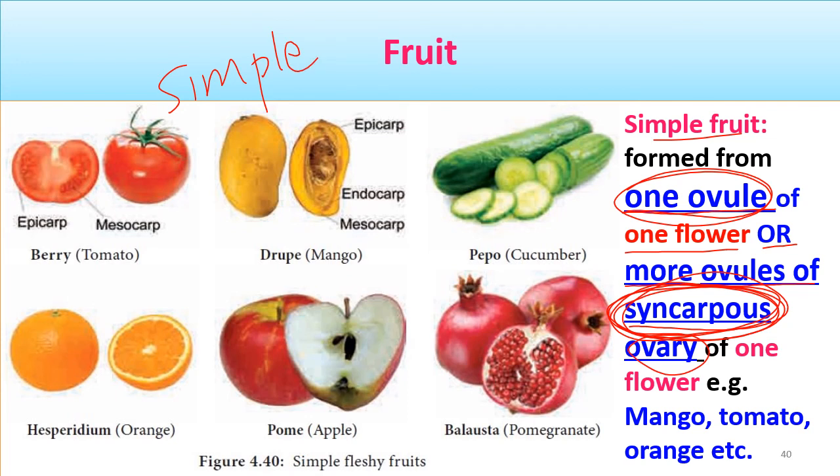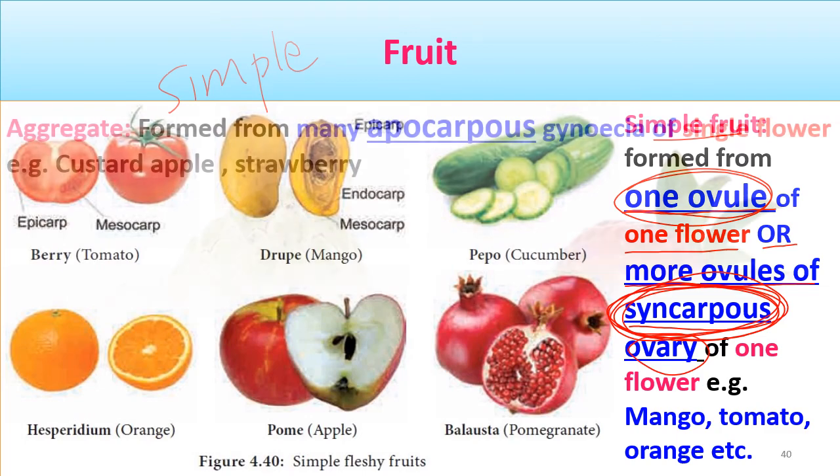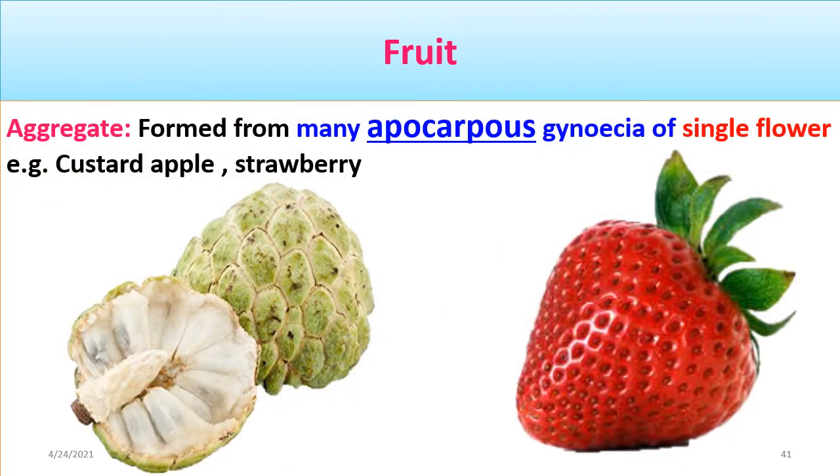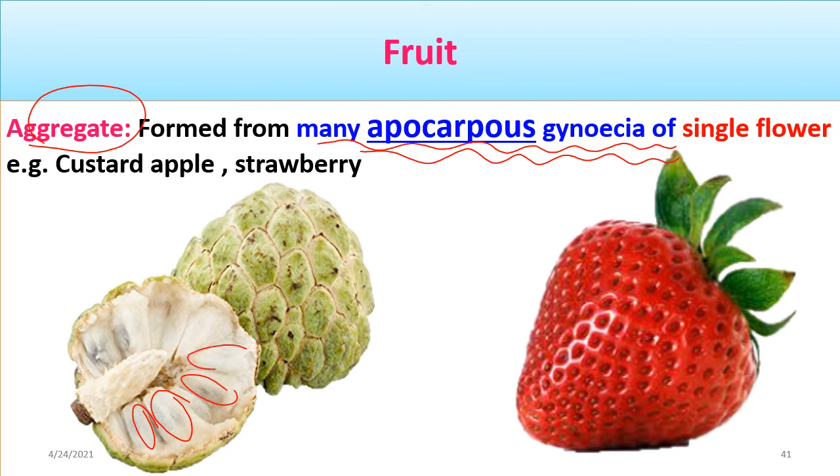On the other hand, you can see in the next slide, see here, aggregate type of fruit is developed from many apocarpous gynoecia, many apocarpous ovaries. So this is one fruitlet, this is one fruitlet, this is one fruitlet, this is one fruitlet.